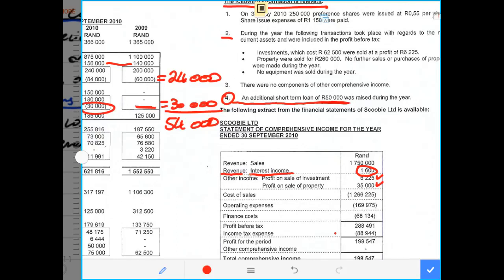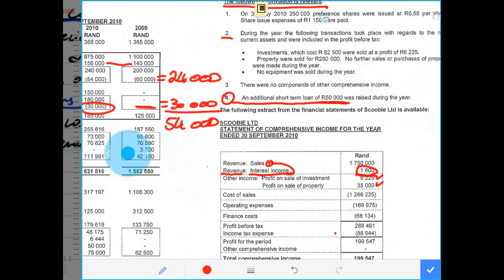That is why the interest income of 1.6 is not included under our sales revenue, because that interest income is not because of the operation of the business. It's not because of the trading activity of the business. That interest income is because maybe we invested money somewhere else and we received this interest. However, this interest is not the main revenue for the activities of the business. So it is not because of the operation.